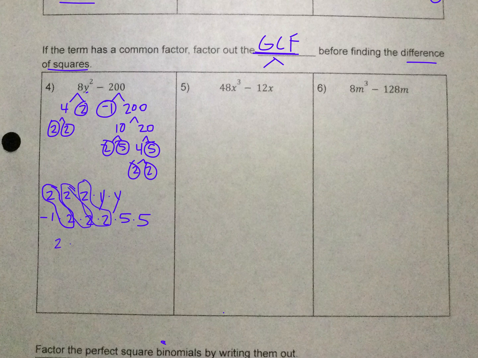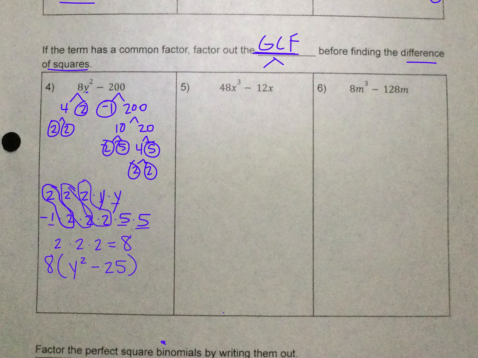So I had a group of 2, a group of 2, a group of 2 that were the same, and that equals 2 times 2 is 4 times 2 is 8. So I put the 8 in front. On top, I'm left with y squared, y times y, and on the bottom, I'm left with negative 1 times 5 times 5, so that's negative 25.